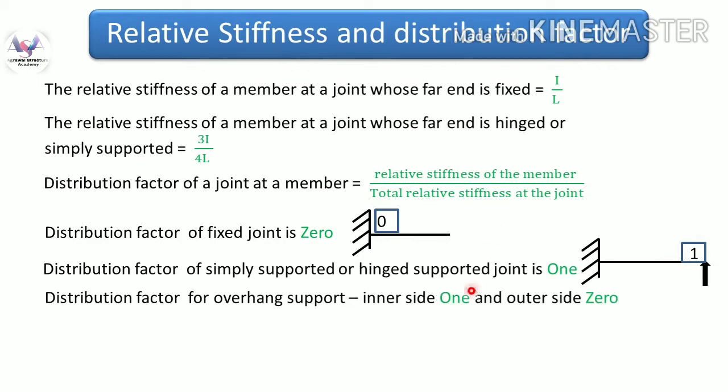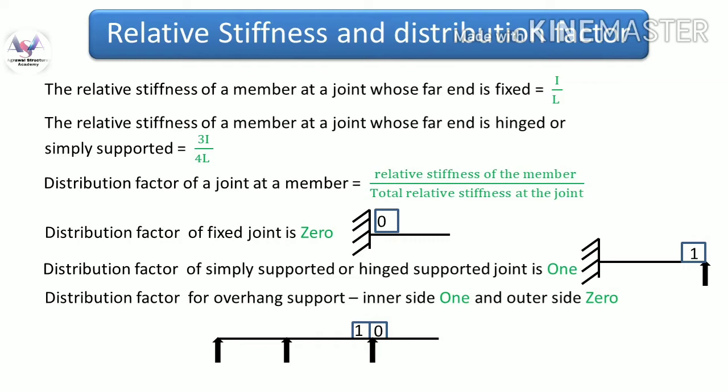And the last one is the distribution factor for overhang support. So inner side distribution factor is 1 and outer side distribution factor is 0. Now how is this overhang? Like this. If the overhang is here like this, in that case inner side always the distribution factor is 1 and at outer side always the distribution factor is 0.